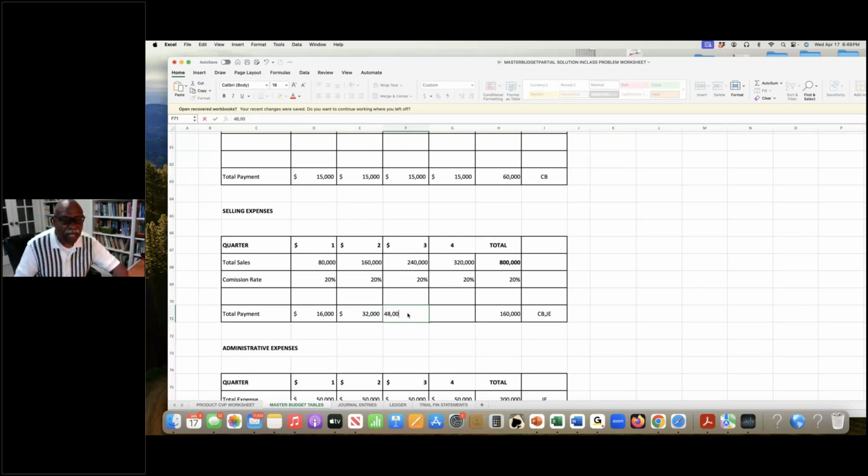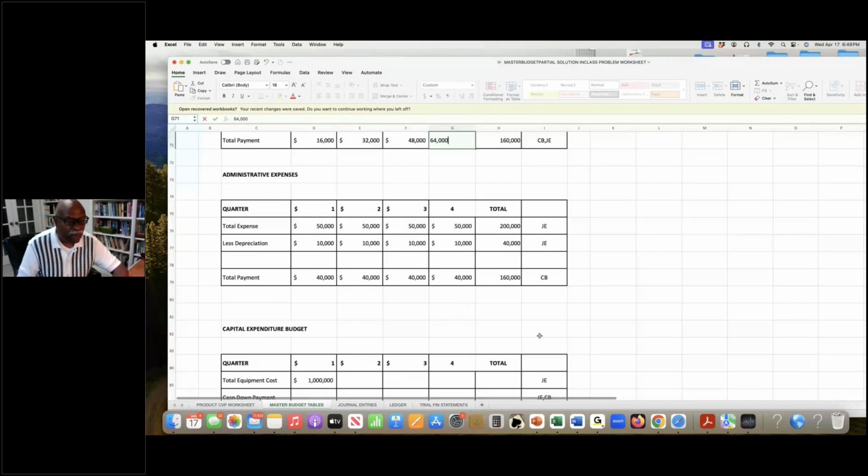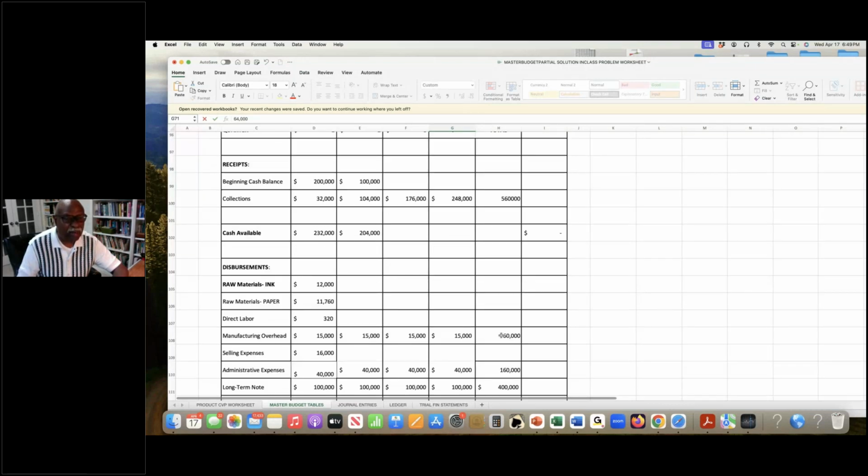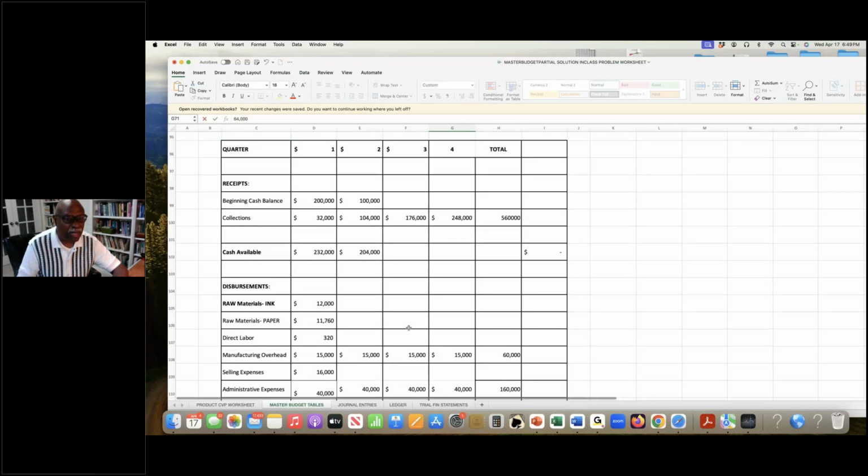In the fourth quarter, they're going to be what? 64,000, for a total of 160. Then we simply, first of all, bring these down to the cash budget.